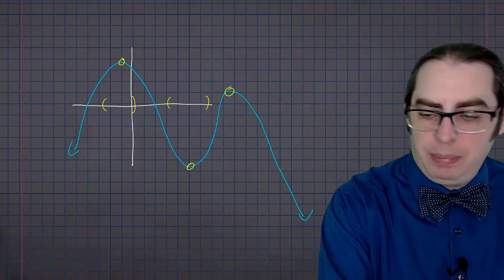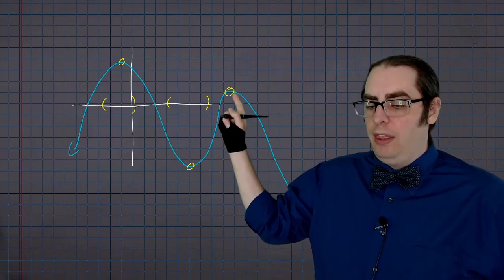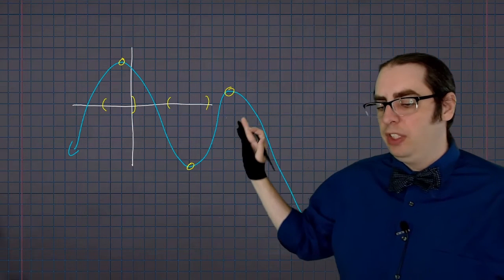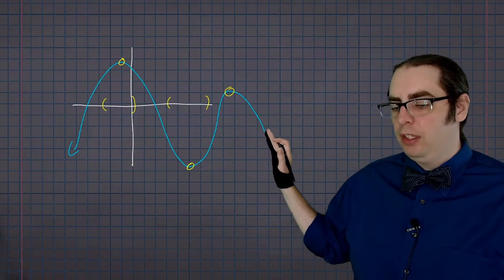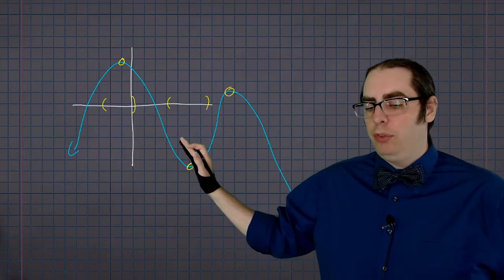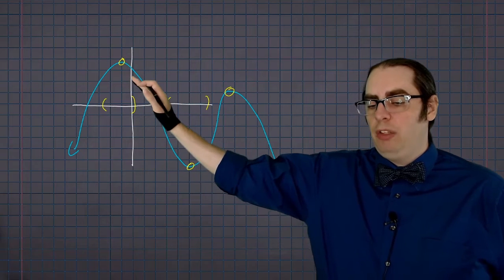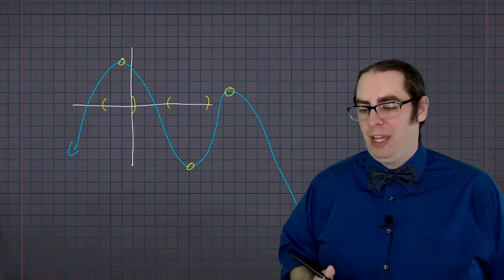And likewise, the peak right there. This is the maximum of the function if you look at a window somewhere in the general vicinity of here. But if you expand the window out too far, you'll start including these points where the function gets above that point.